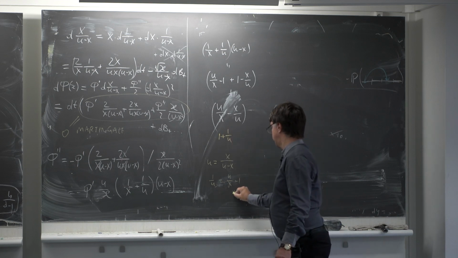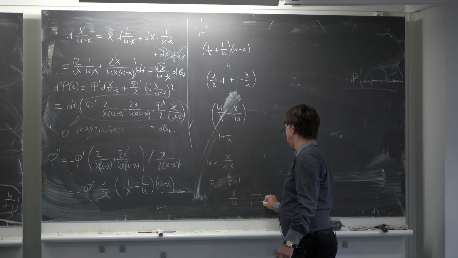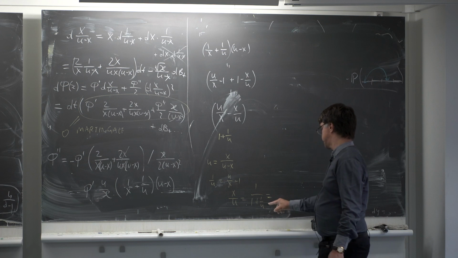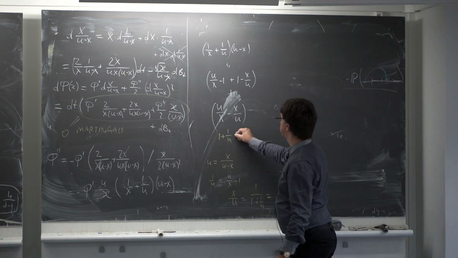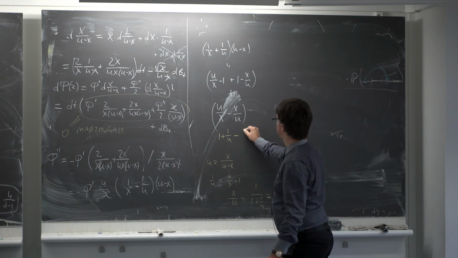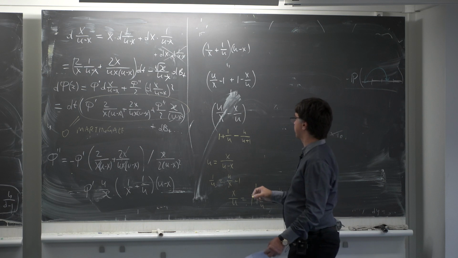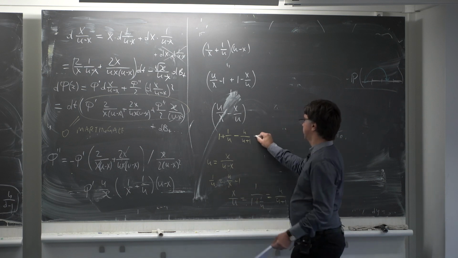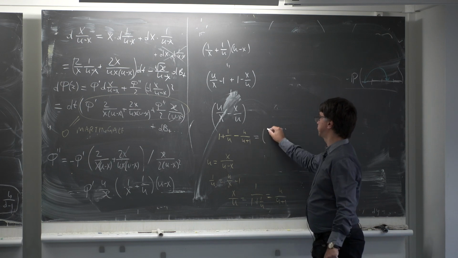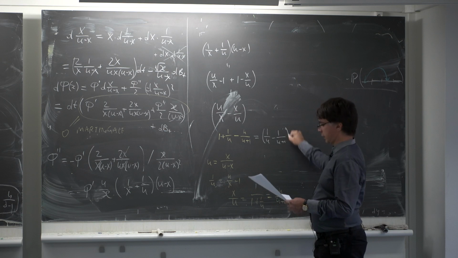And x over u is 1 over 1 plus 1 over u. So it's u over u plus 1. So you get minus u over u plus 1. And that, in turn, if we cancel it out, it will be 1 over u minus 1 over u plus 1.